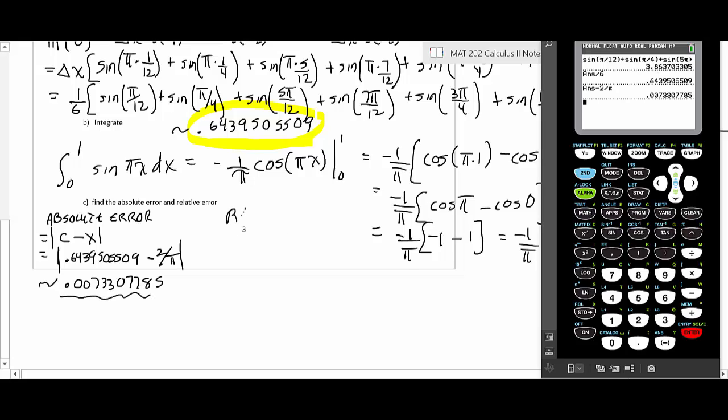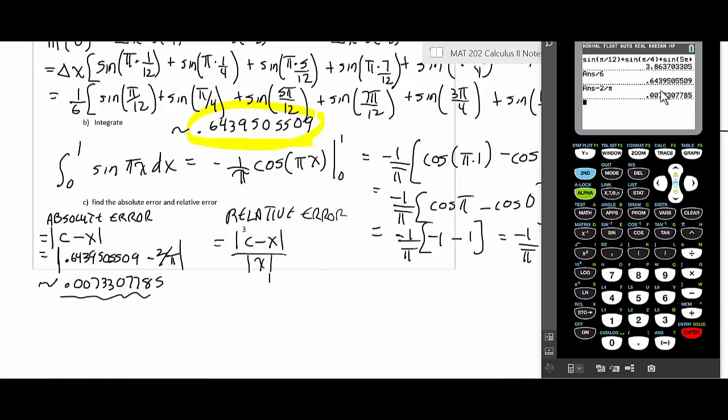Now let's do the relative error. What did I show you? You just divide that number by the exact. So when you do this relative error, you take the absolute error, C minus X, and you divide it by the exact value. So if I just take this number right here and divide it, now what was our exact answer? Our exact answer was 2 over pi.